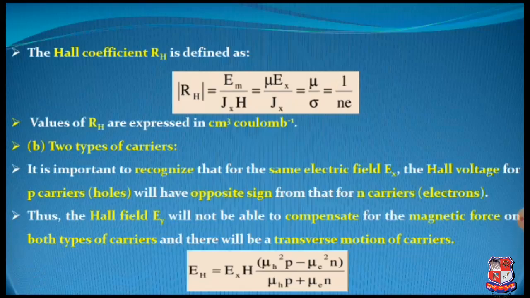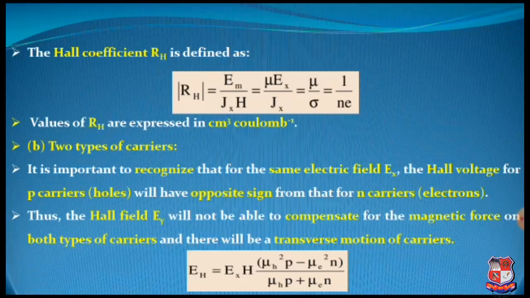Finally we get mu upon sigma, that is the simple relation 1 upon n into e, where n is the charge carrier concentration and small e is the charge of electron. Most important, the dimension of hole coefficient is expressed in the unit centimeter cube upon coulomb.